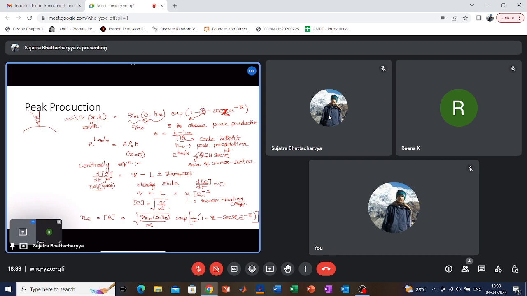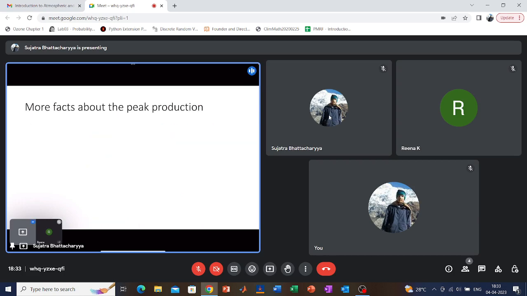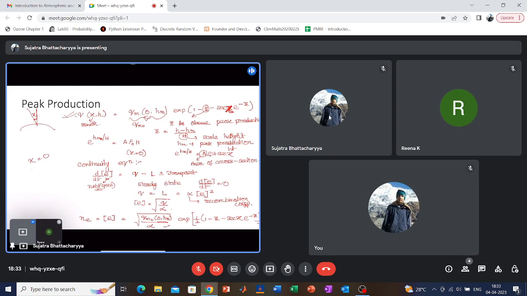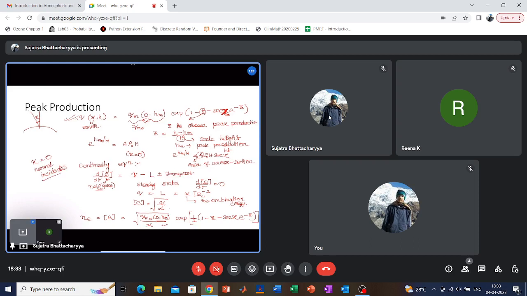And this I will write as Ne equal to Nem, because Qm0 upon alpha is the number density of the electrons produced at normal incidence. Chi is 0 means normal incidence. So if there is a normal incidence, this is how many electrons per unit volume are produced, because we have seen that the concentration of electrons is given by Q by alpha.